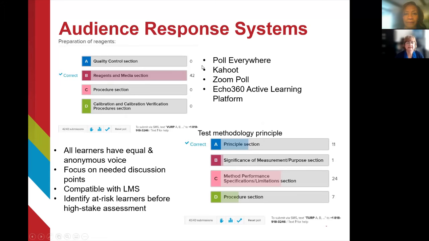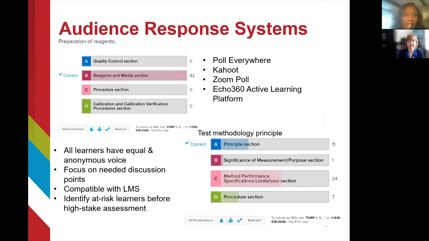This is just an example. We use this in one of our very first sessions, where we talk about a clinical laboratory procedure, the different components. And so we were just asking students, where would you find in a laboratory procedure where to learn about preparation of reagents, right? So everybody got that right. So we have a pretty good understanding that our students feel pretty comfortable with that information.